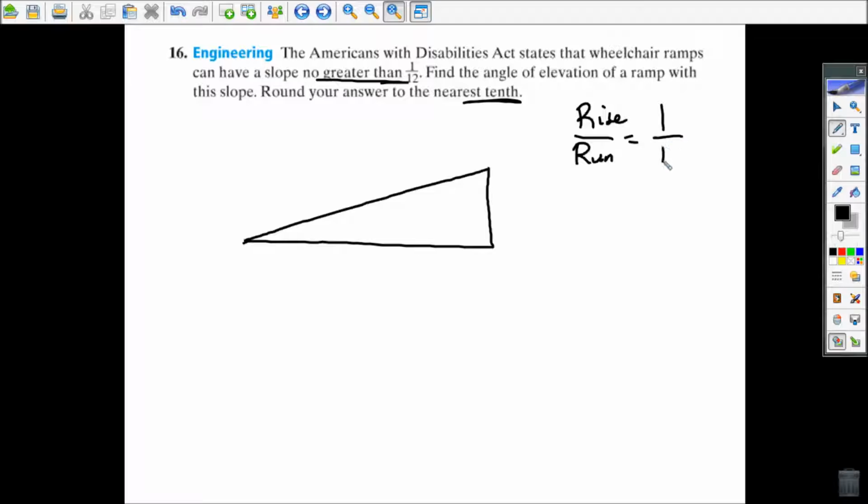And the reason I knew to think that is because it said slope. So when we have a slope, it's rise over our run. It's asking for the angle of elevation. So you are looking for a horizontal line and a line that's going up. So it's asking for this degree right here. So we're going to use sine, cosine, or tangent.